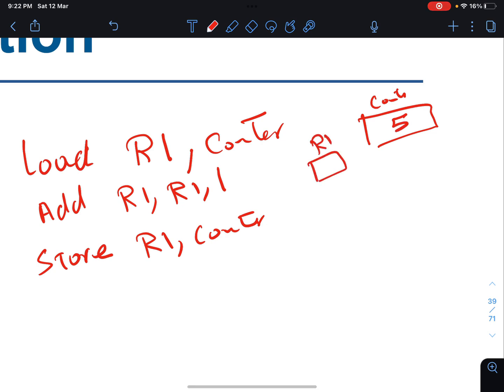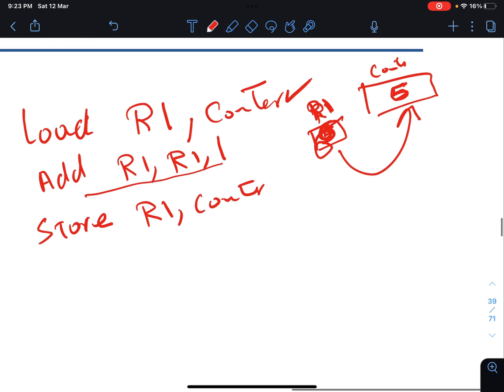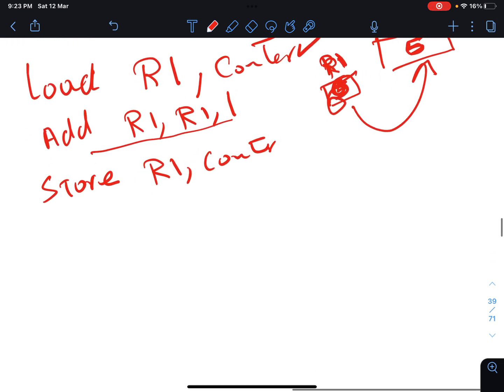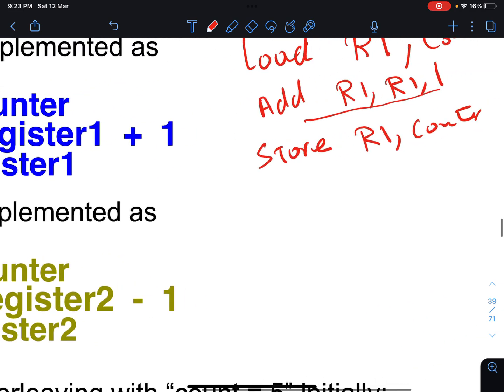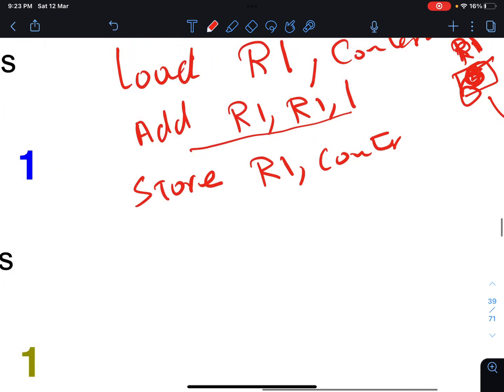So if the counter here is 5 as an example, R1 will be 5 because you did the load here. Then add R1, comma R1, comma 1. So the 5 is going to be 6. You added 1 to 5. So R1 is 6, and then you store R1 to counter. So now this became 6. Same way with minus minus. The minus minus here is going to work like this.